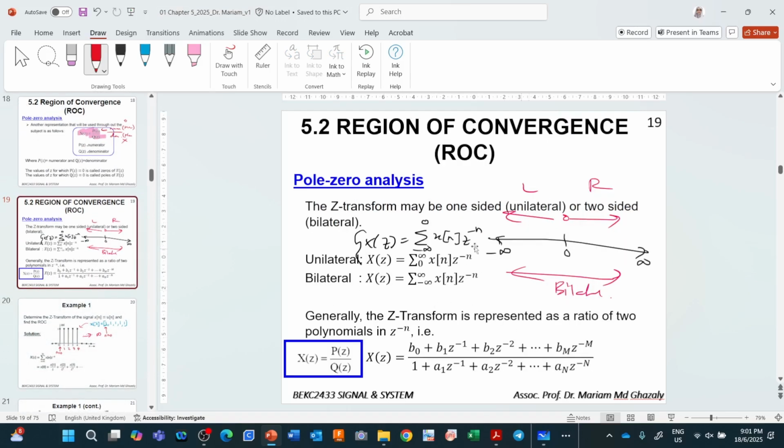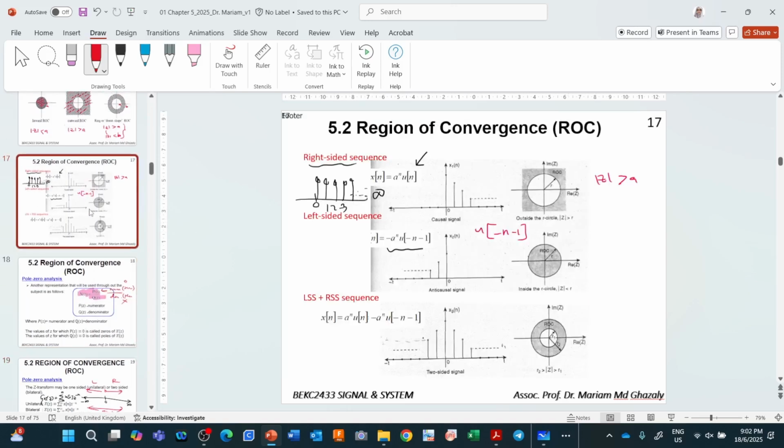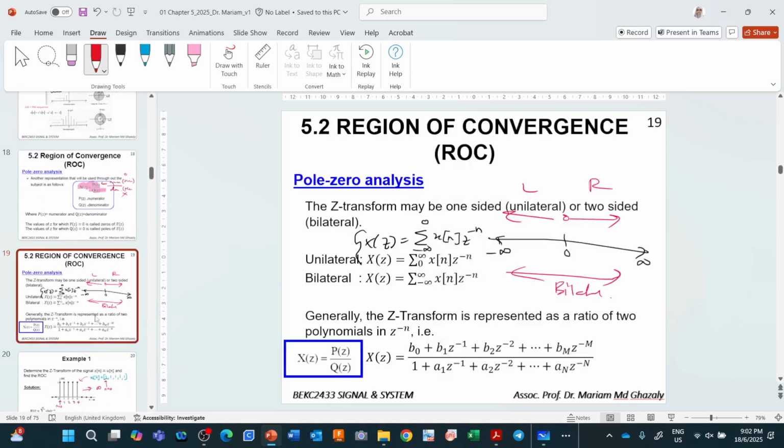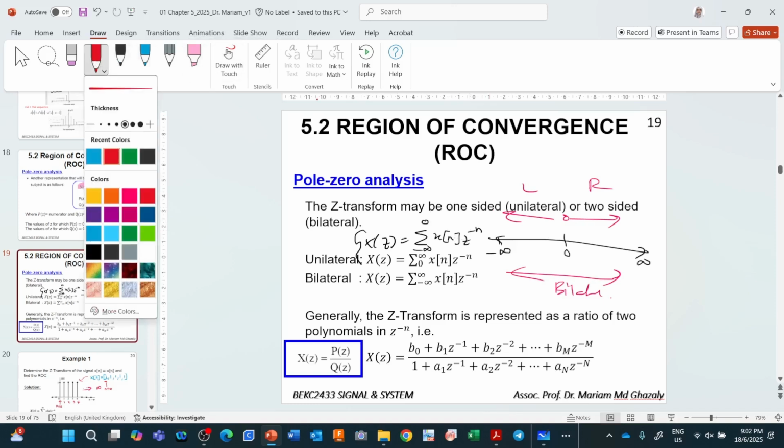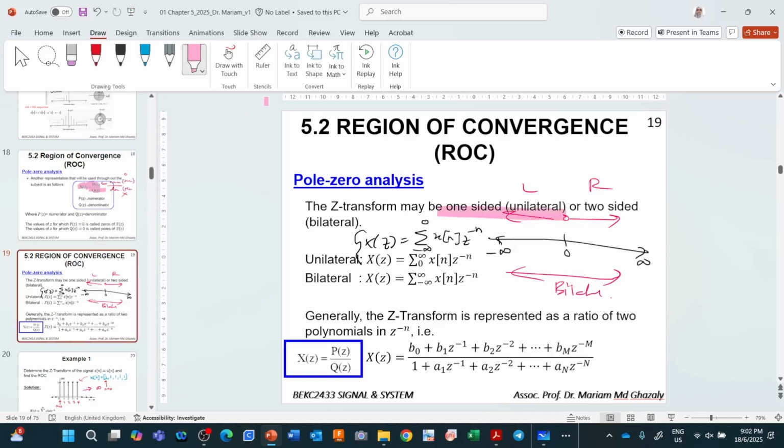In this case, it is also mentioned that the Z transform may be one-sided or two-sided, basically the one that I explained just now. One-sided is either a right-sided sequence or a left-sided sequence.